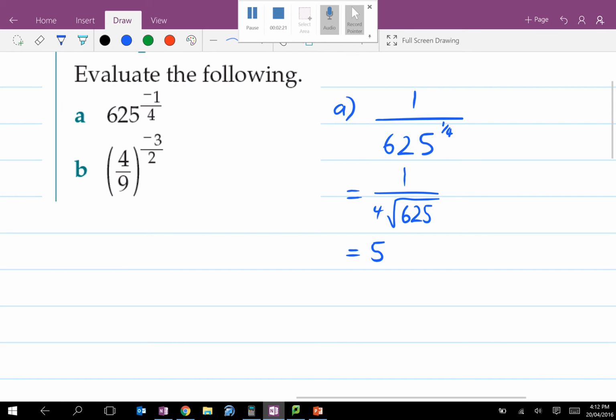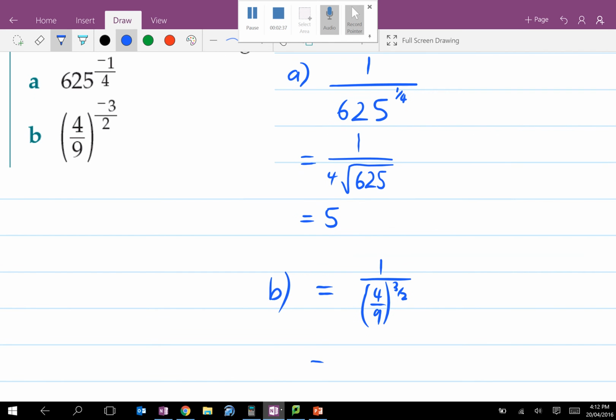Okay, for part B, we're looking at 4 over 9 to the power of negative 3 over 2. We can start by writing that as 1 over 4 over 9 to the power of positive 3 over 2.